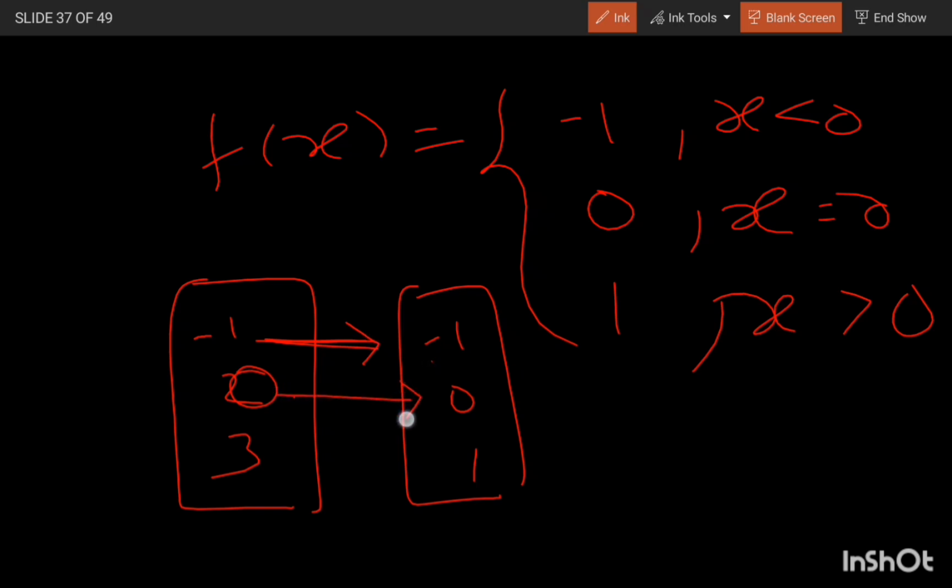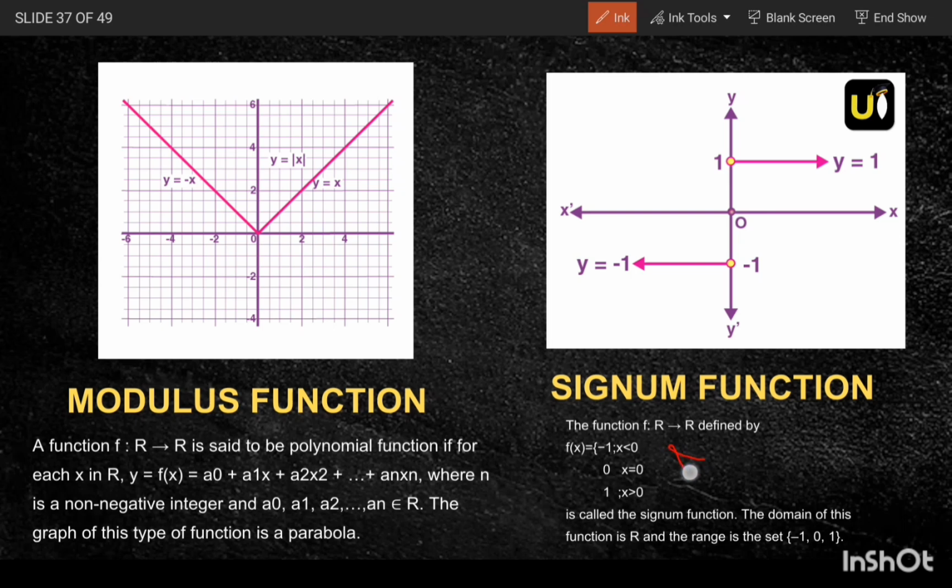If x value is 0, then f of x value is also 0. If x value is greater than 0, f of x value is equal to 1. This is known as signum function. The domain of the function is R, the real line, but the range is just -1, 0 and 1.